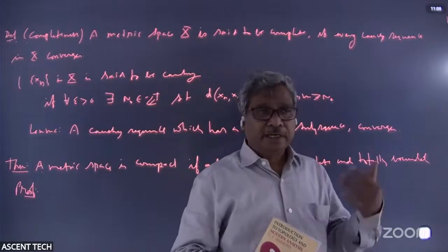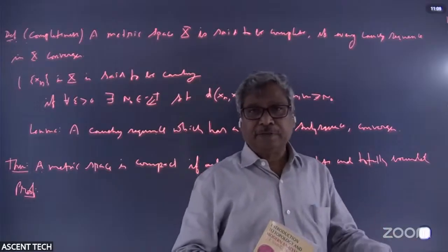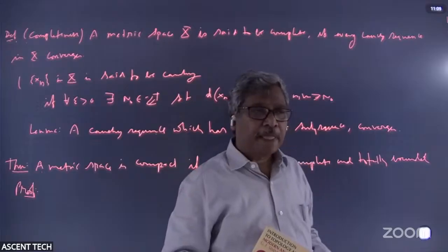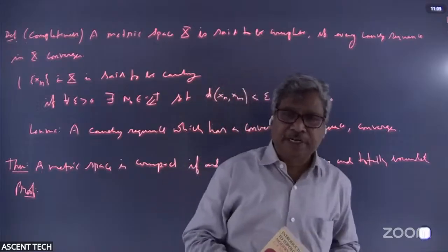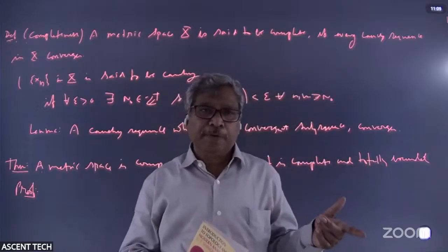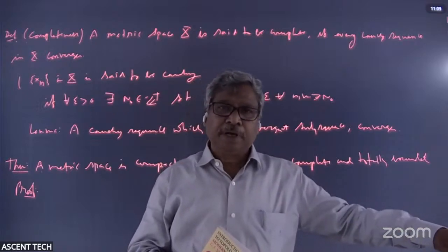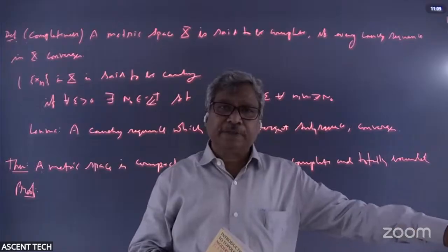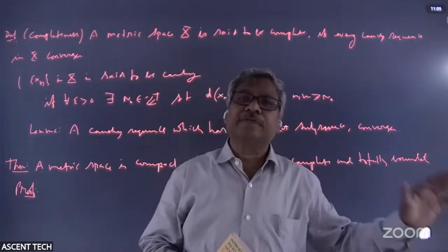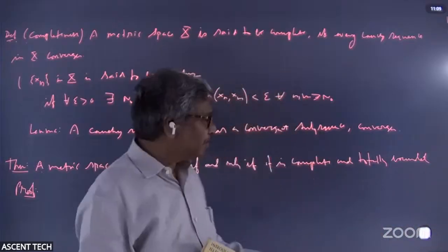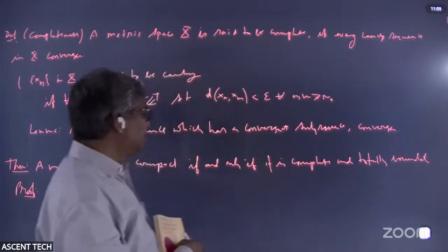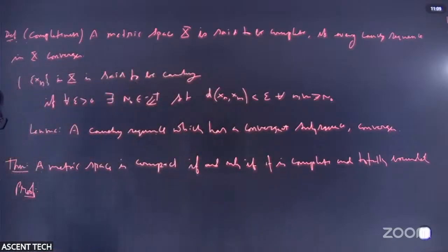Unless the same thing is repeating, in which case I already have a convergent subsequence. Otherwise, if it's genuinely an infinite set, it has a limit point. That means there is a subsequence of the Cauchy sequence which converges to that limit point. But in a Cauchy sequence, if there is a convergent subsequence, the Cauchy sequence itself converges. Thus every Cauchy sequence converges, and therefore the space is complete. So one side is obvious.